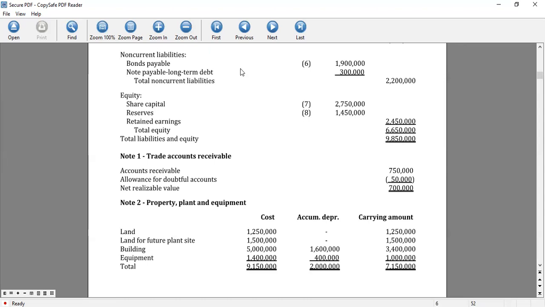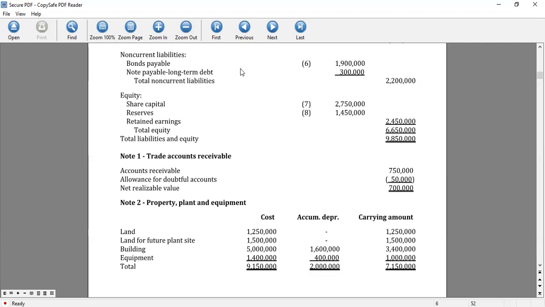So these are the amounts for building and equipment. Then we have the amount for land for future plant site as given is 1,500,000.